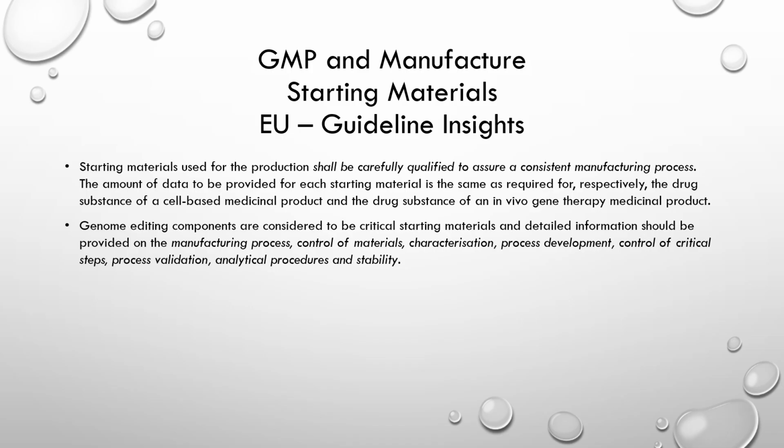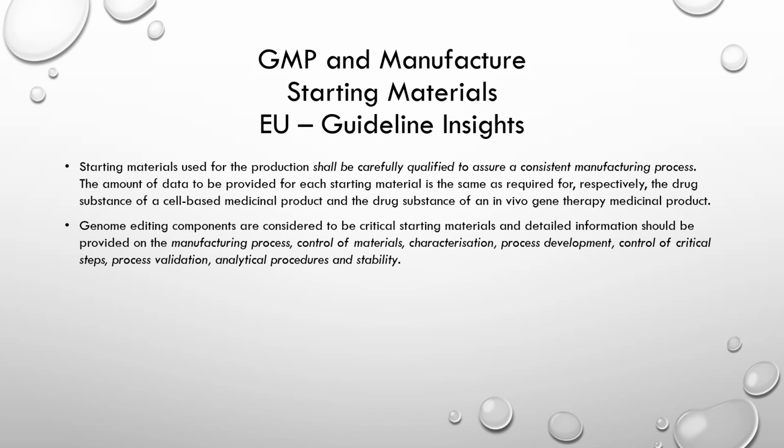So these will be the plasmids that are used to manufacture the microRNA and the ribonucleoproteins that are used for the gene. These are the components that are critical for the manufacture of your product.